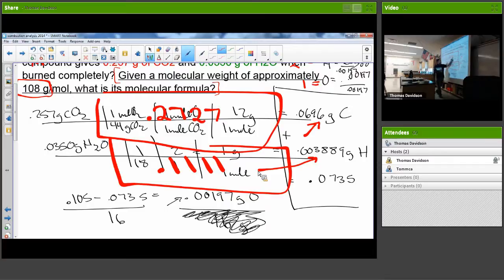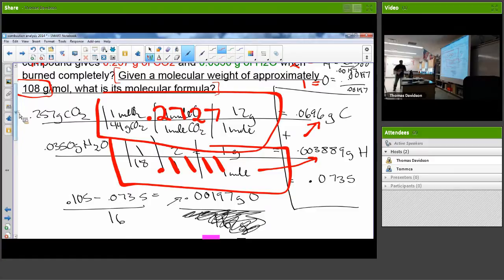If you do this trick, you're going straight to grams, so you would eventually need to divide that by 12. You can do this in your calculator in about 10 seconds per line: 0.257 times 0.2727, and you have this number instead of writing that all out. You can do it with hydrogen: that number times 0.111, and you get grams.